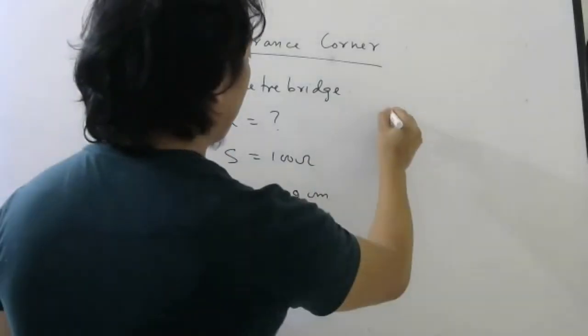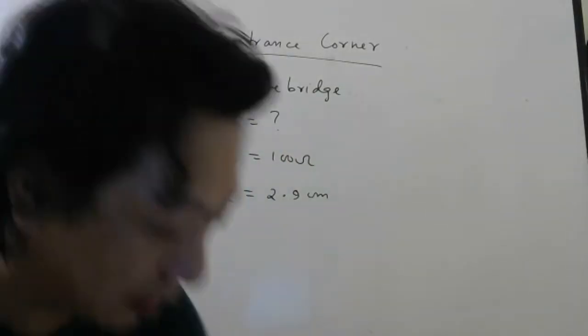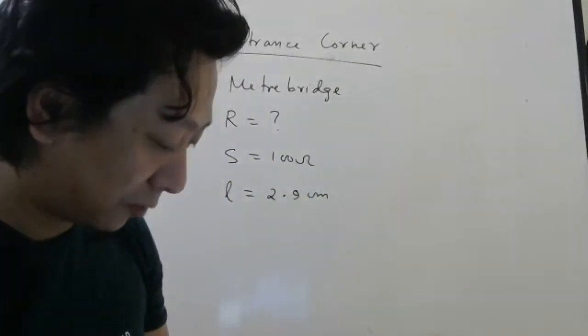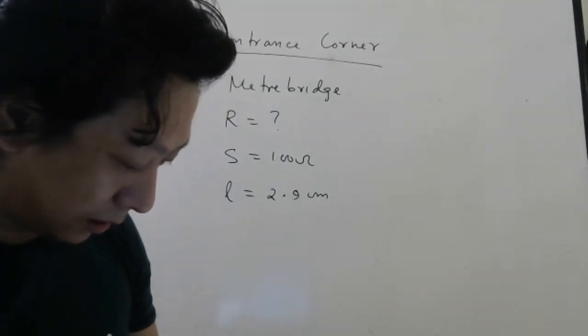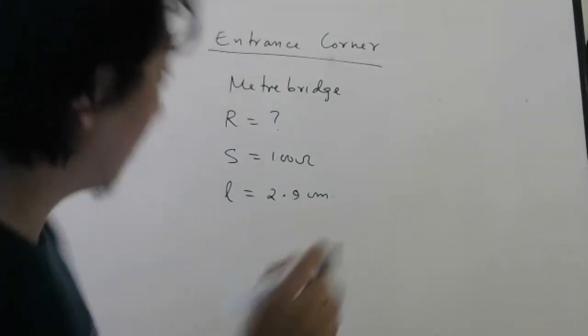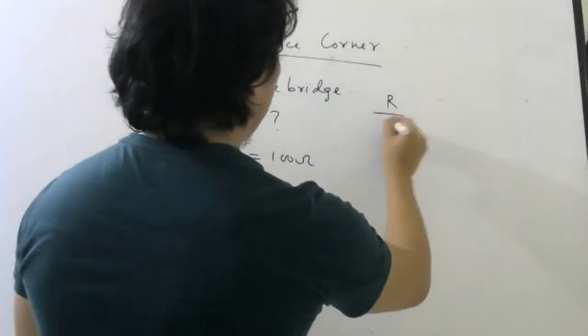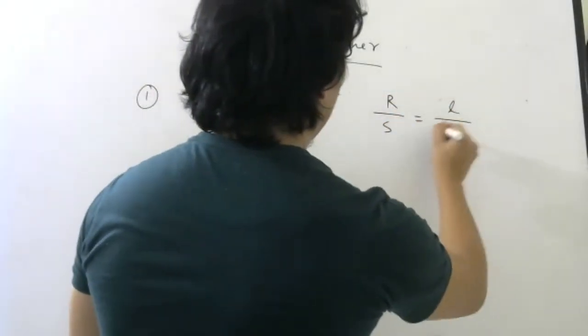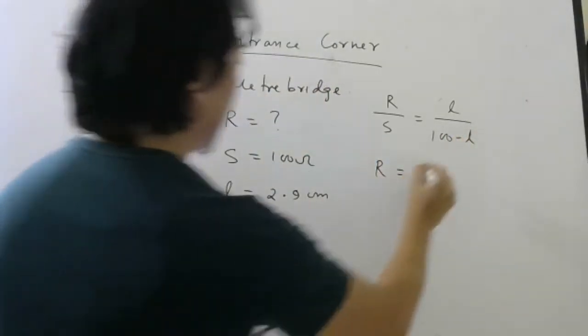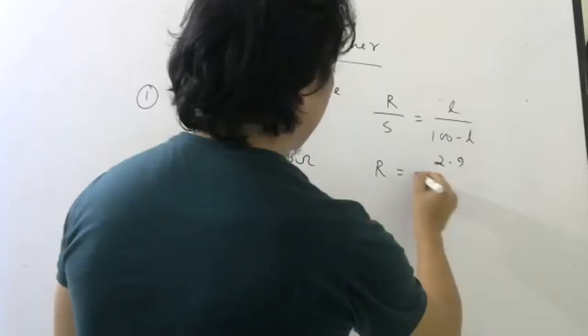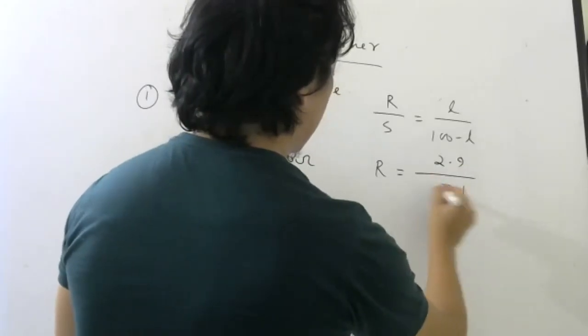So what was the formula? In NCERT, R is on the left one or on the right one? I forgot. R is on the left one. So R by S will be equal to L by 100 minus L. So L is 2.9, and 100 minus L is 97.1.